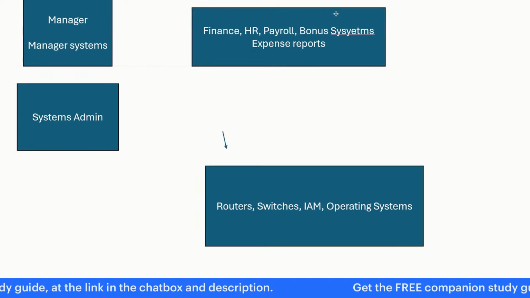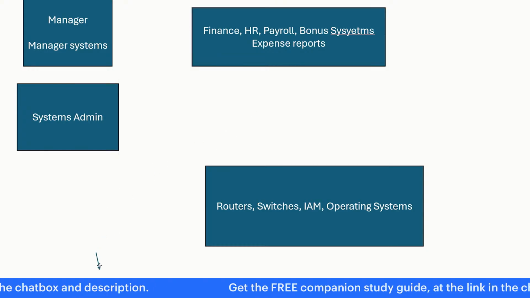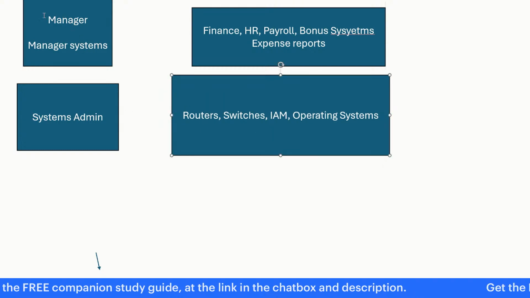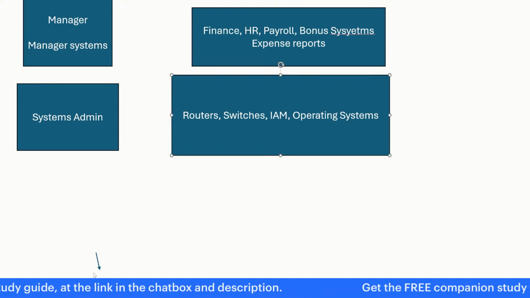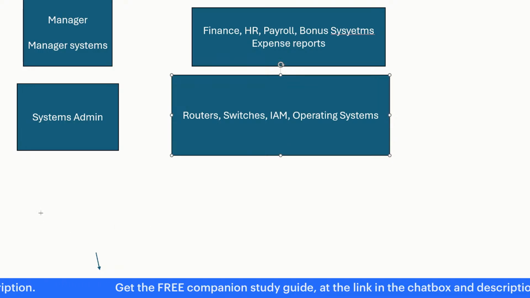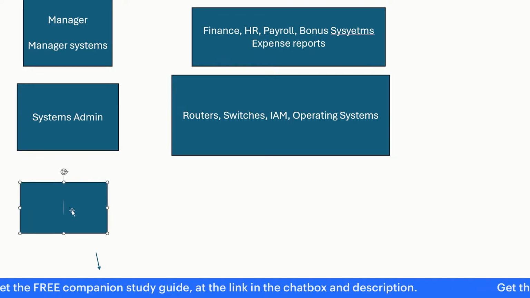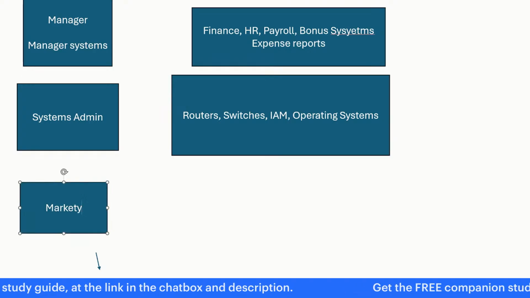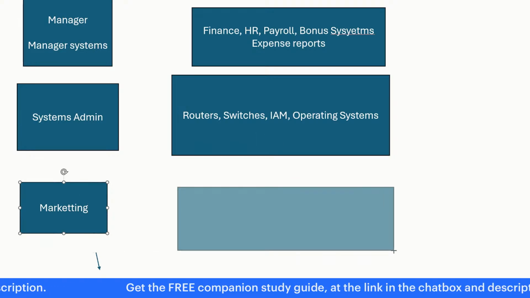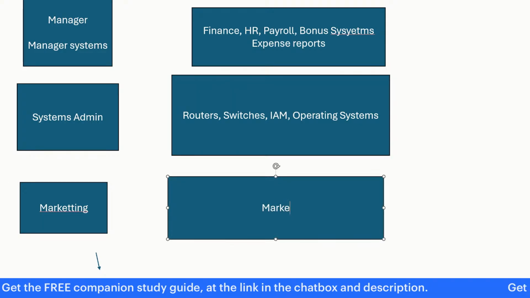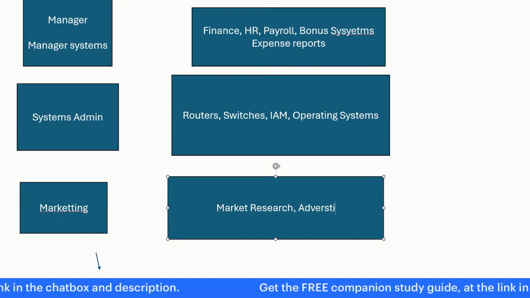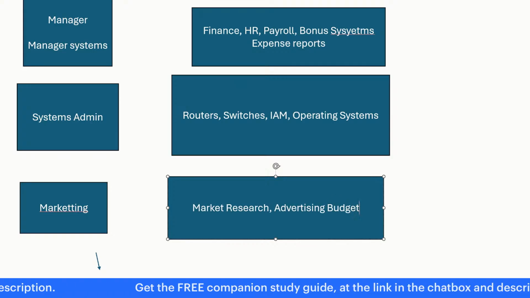Now the manager, who decided that she didn't like being a sysadmin, and she didn't really love being a manager, decides she's going to do another role. So now this person, the manager who's now the sysadmin, goes to marketing. Now all of a sudden, this person needs access to market research, advertising systems, budgets and systems.